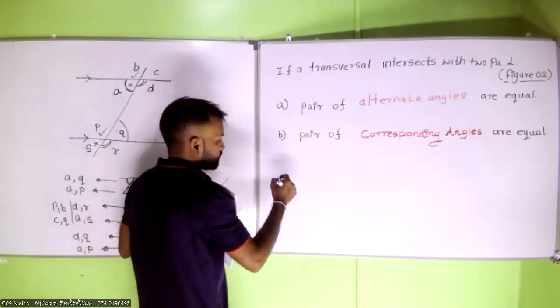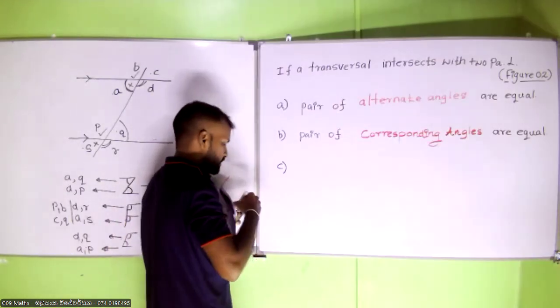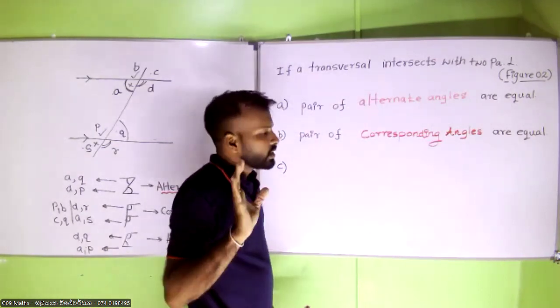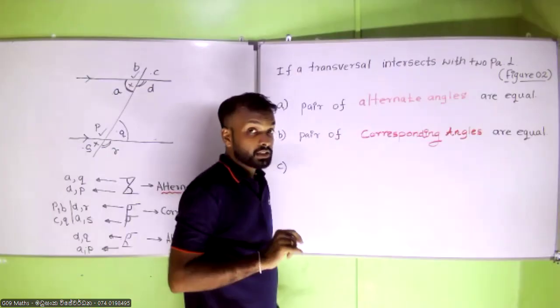Now, you know, a pair of alternate angles are equal, and a pair of corresponding angles are equal.